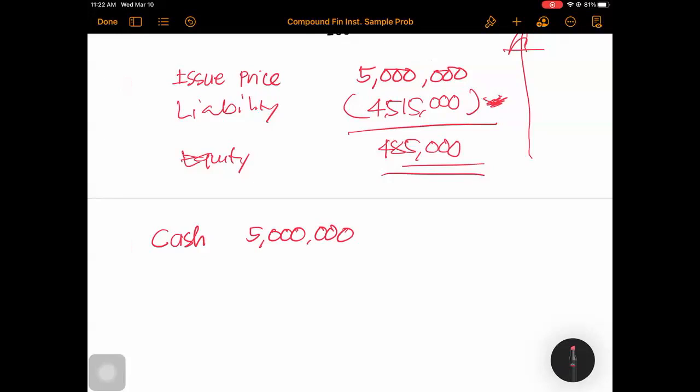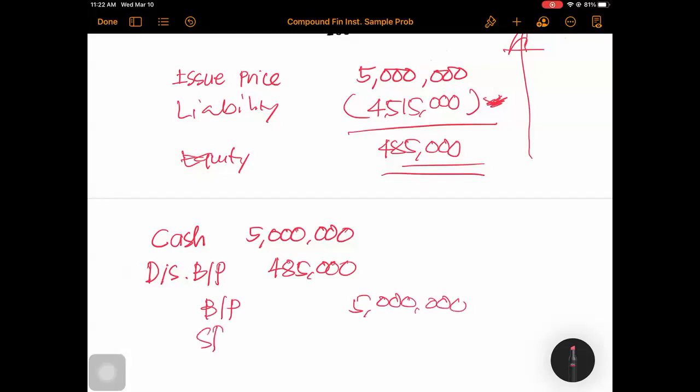Therefore, the initial measurement is lower compared to your face amount, so there is discount on bonds payable in the amount of 485,000. Then, bonds payable at face value 5 million. Then, you have your share premium conversion privilege of 485,000. Gibalik-balik lang amount niya. That's the entry. Gibayaran ba?